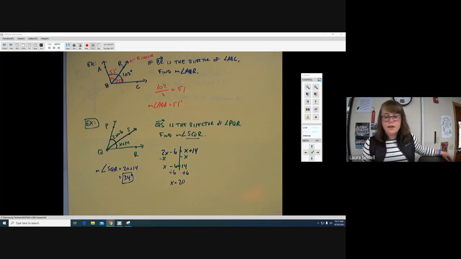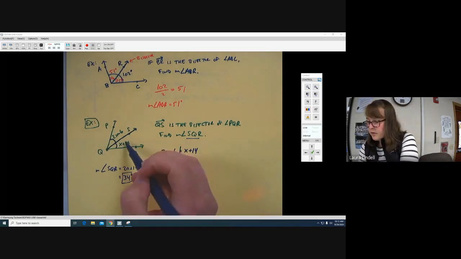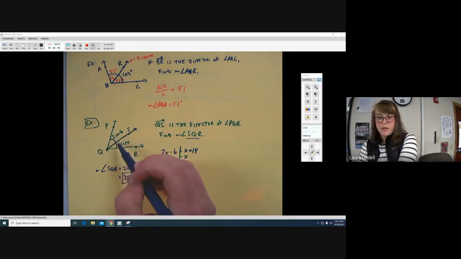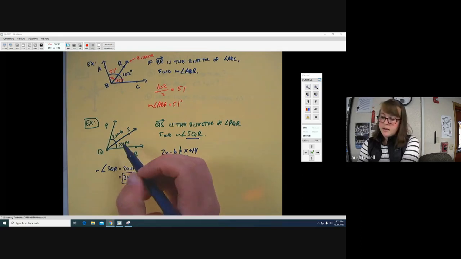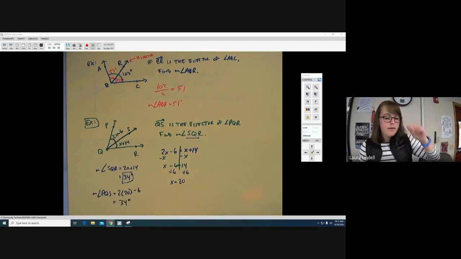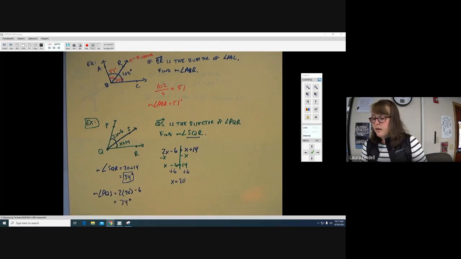Because I know that these two angles are the same, right? So I don't have to go and plug 20 into this again, although I could just to double check. If I wanted to, I could find, okay, measure of angle PQS is 2 times 20 minus 6, which is 40 minus 6, which is 34. So we could go and double check that way. That's a good way to check yourself.